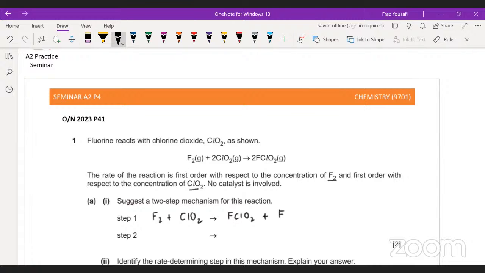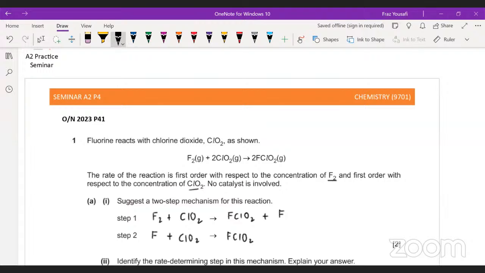I know that it cannot be there at the end of the reaction. So somehow in the next step, it has to be used up. So we take that same fluorine, we react it with the remaining mole of ClO2, and we get 1 more mole of FClO2. This is how I reasoned out the breaking down of this mechanism.